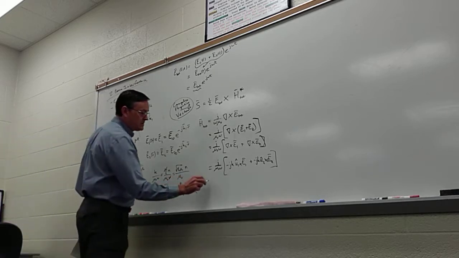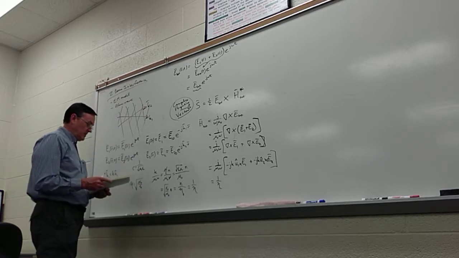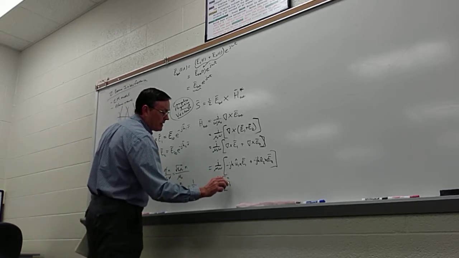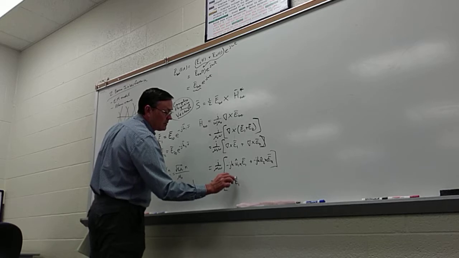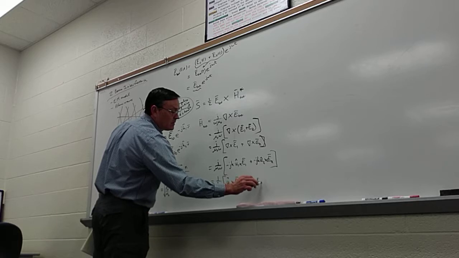So this is 1 over the impedance of the medium times u1 hat cross E1 plus u2 hat cross E2.